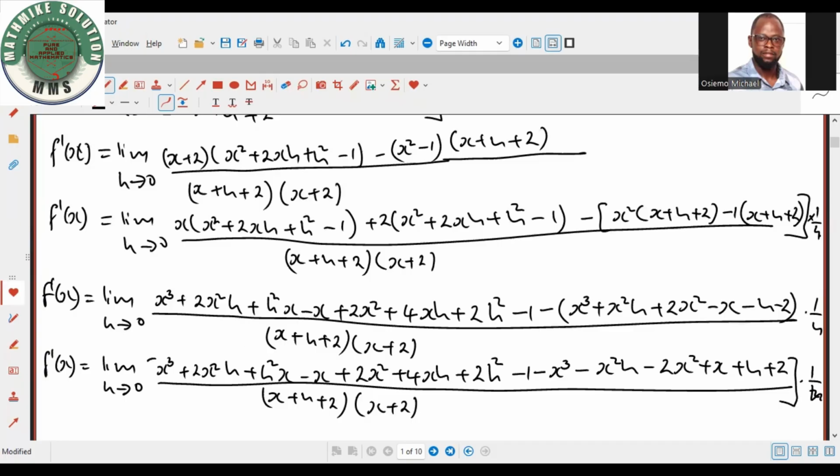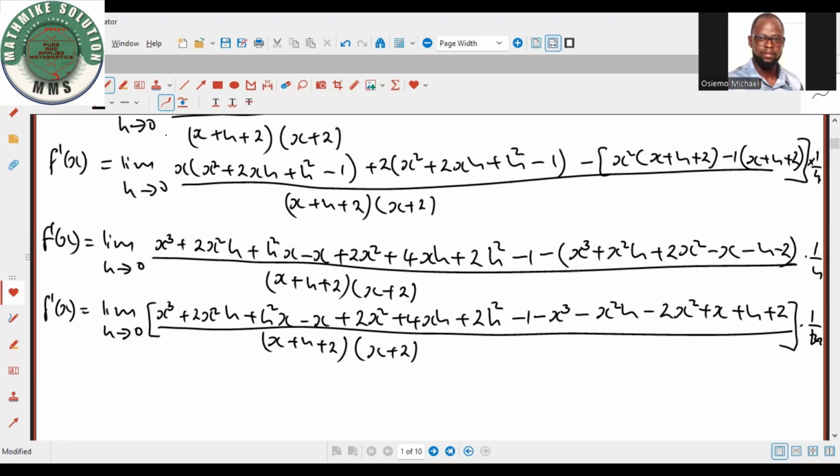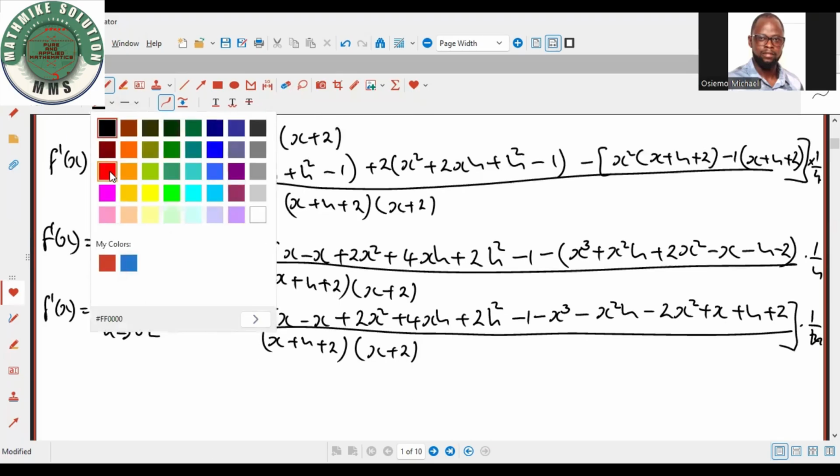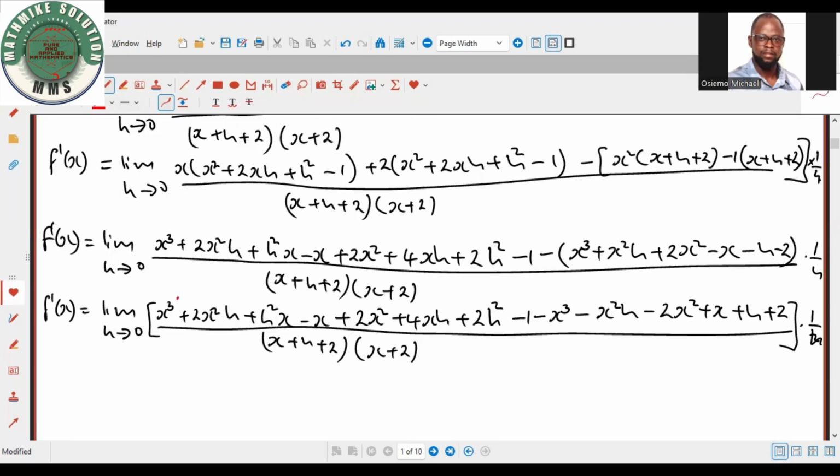We multiply it by 1 over h. So from there you can simplify. Let us simplify together. So we're going to have the x cubic, and the x cubic will go. We're also going to have minus x and plus x will go.